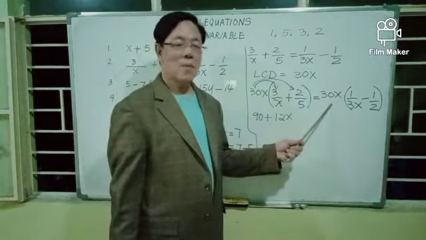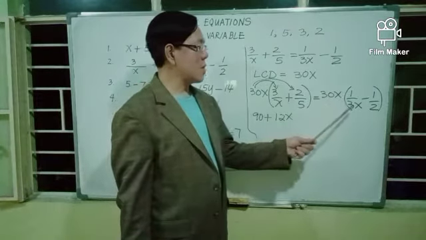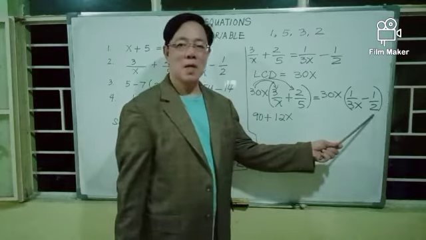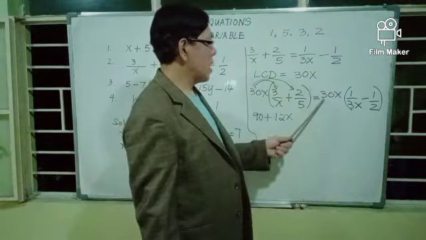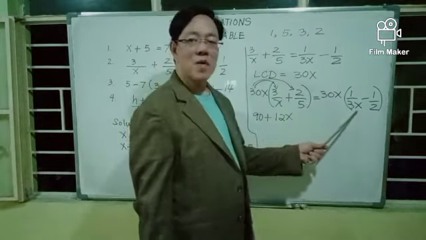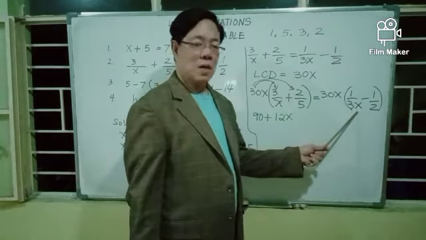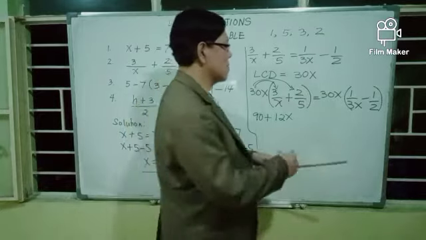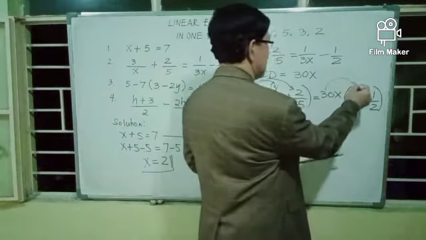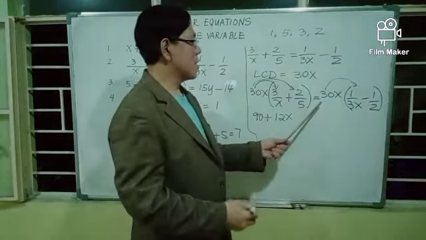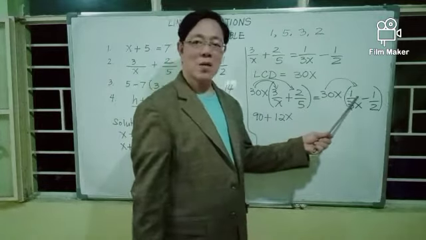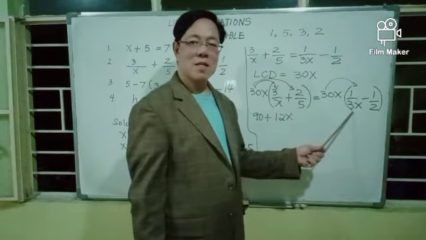At the right-hand side, we also distribute 30x to each term of this binomial. We multiply 30x by 1 over 3x. Again, x over x is 1, or x will cancel out. And 30 multiplied by 1 is 30, divided by 3 is 10.